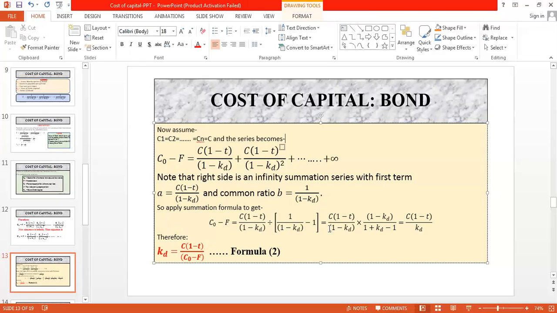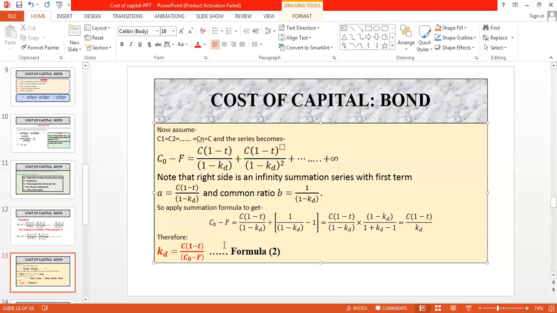So C into 1 minus T divided by 1 plus Kg, into 1 plus Kg by 1 minus 1 plus Kg. So the right hand side becomes C into 1 minus T by Kg. So C0 minus F is equal to C into 1 minus T by Kg. Now rearranging it, we get Kg is equal to C into 1 minus T divided by C0 minus F. It is formula number 2.